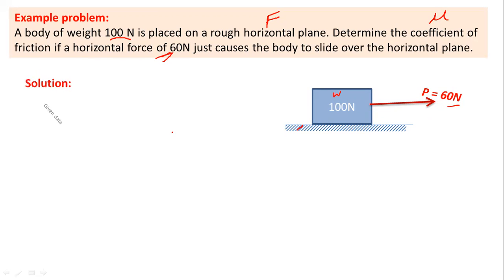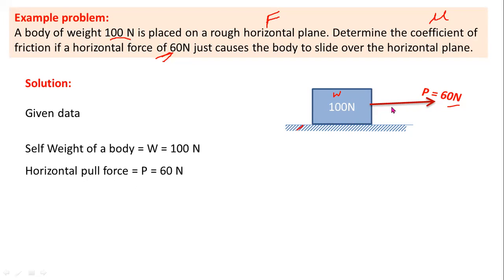So, solution. Given data is self weight of the body W equal to 100 newtons and horizontal applied force P equal to 60 newtons.